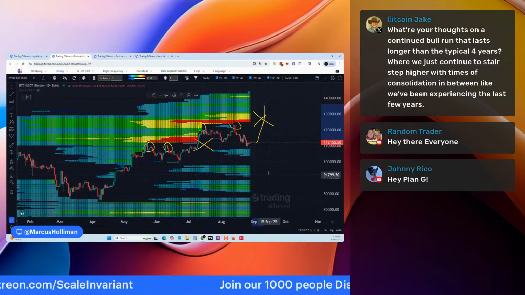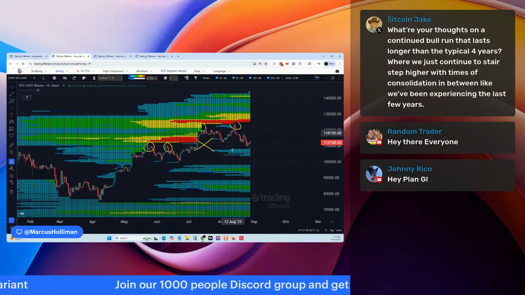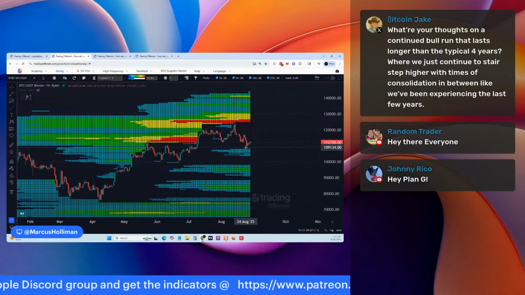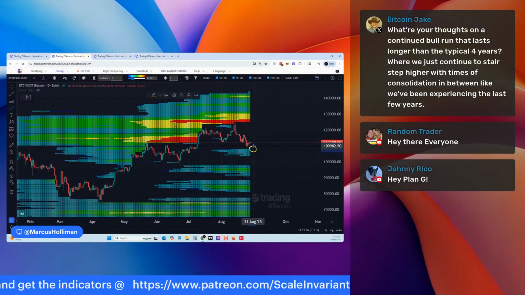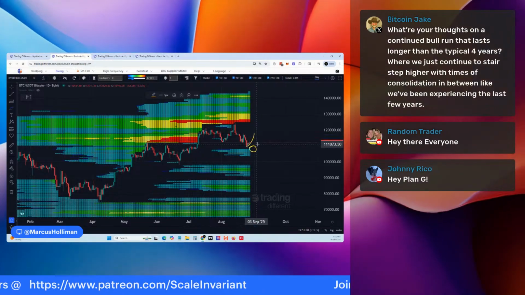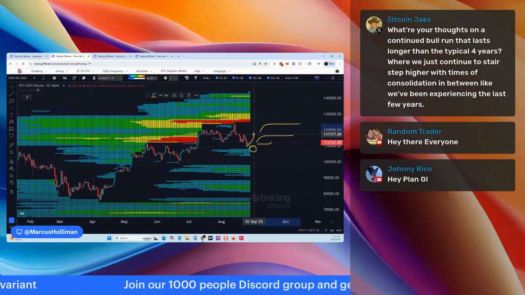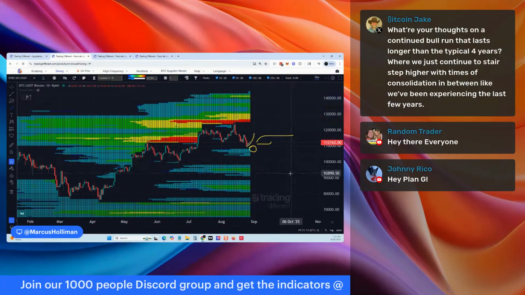So we're setting up for that. I'm very confident because I'm seeing that the market makers are showing their hand by not addressing this liquidity here. As we begin to move away from it, this liquidity will continue to be untapped, and that gives me the confirmation I'm looking for.